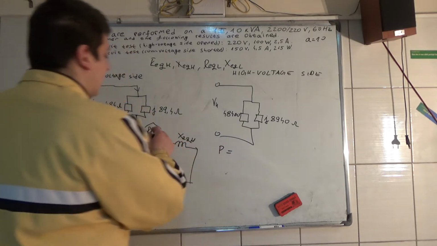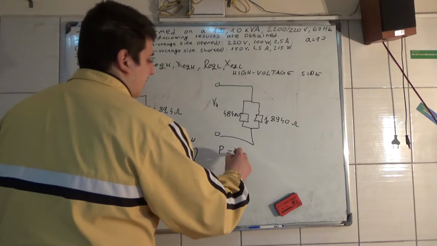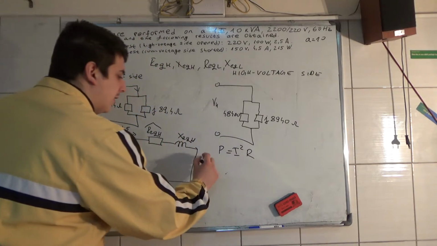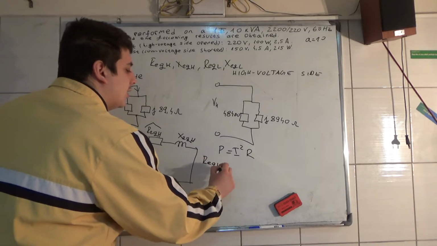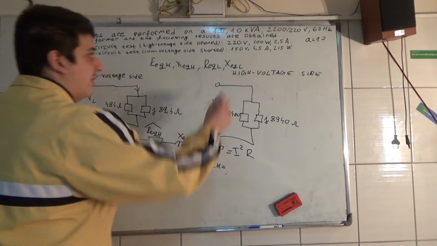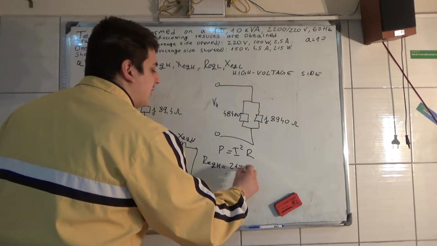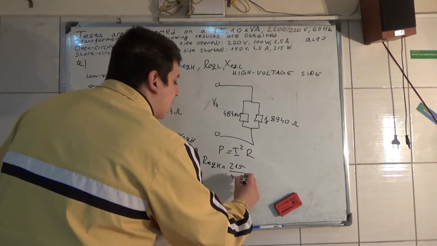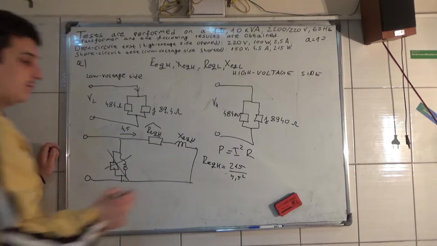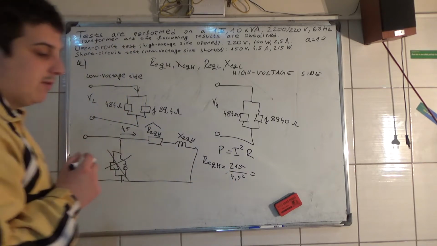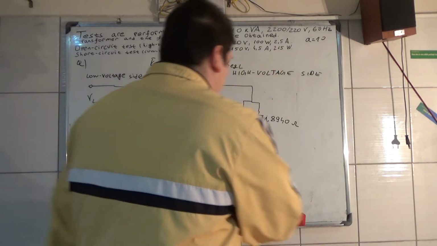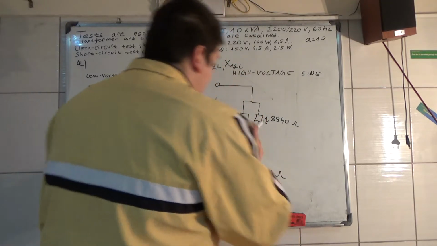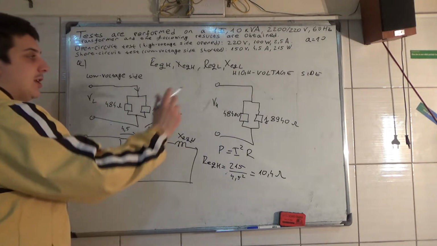So the power on this resistor is I squared times R. Now R equivalent H is equal to the power, 215 watts, divided by I squared, and I squared is 4.5 squared. Now this is equal to 10.4 ohms.